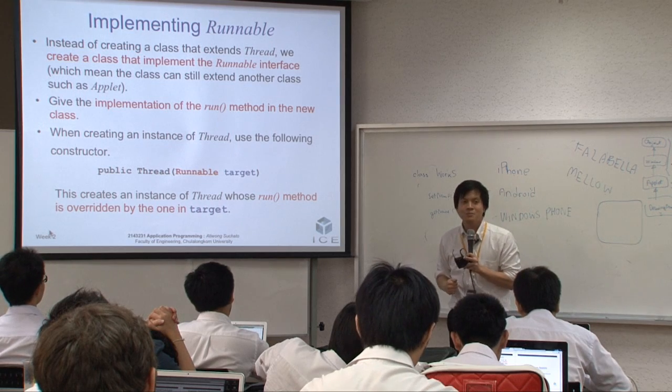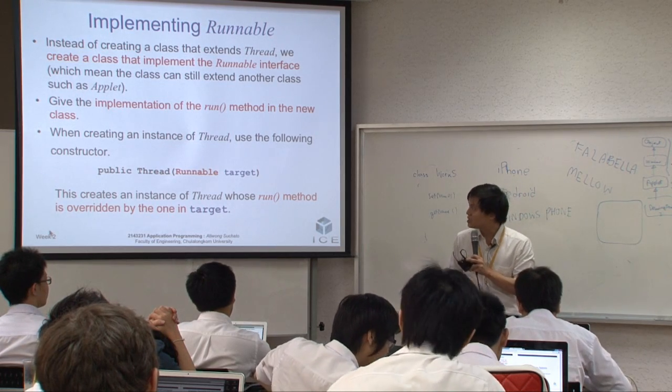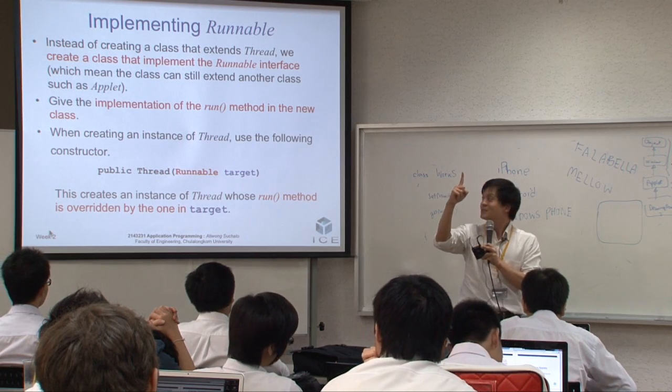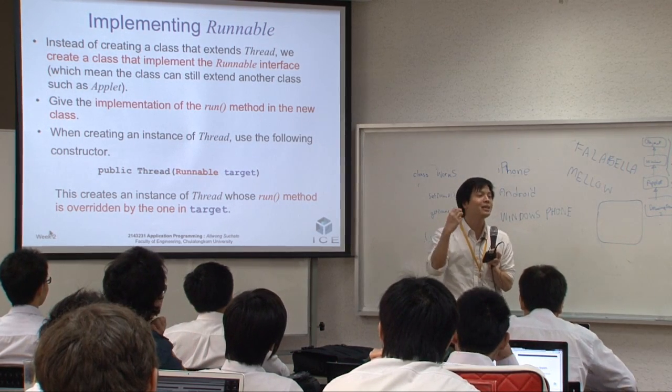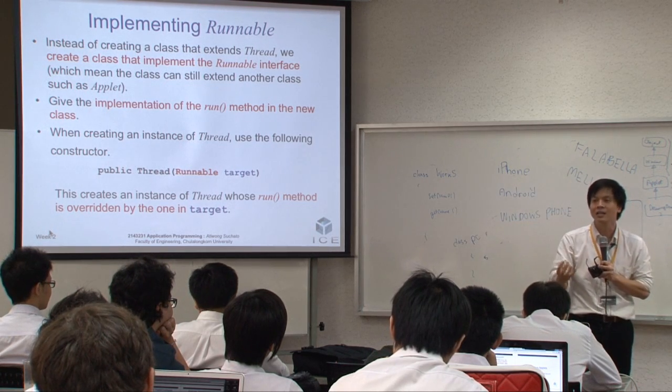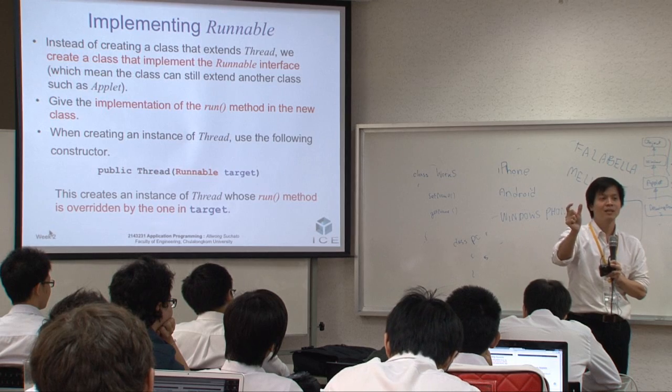For Runnable, the number of methods that is expected is 1. It expects any class that implements the Runnable interface to provide public void run.